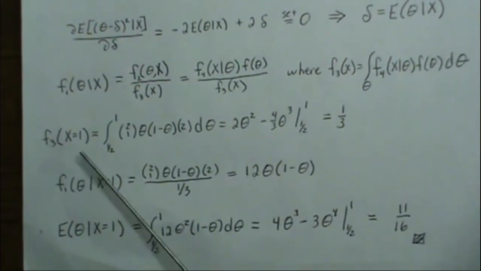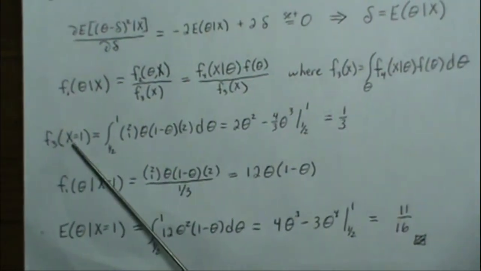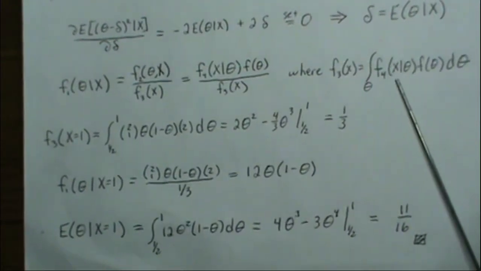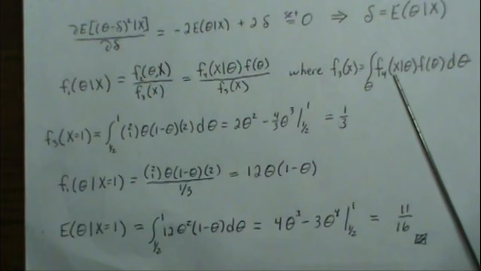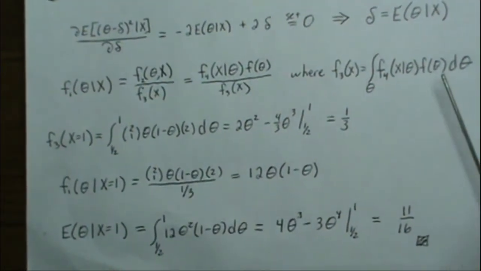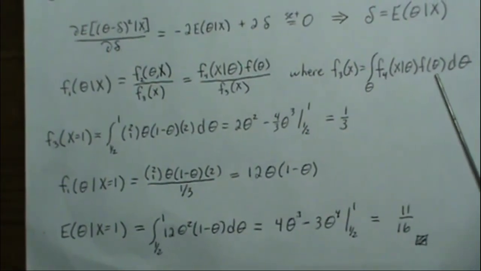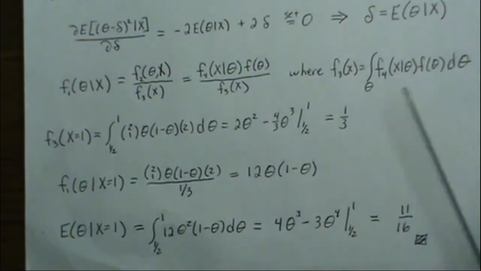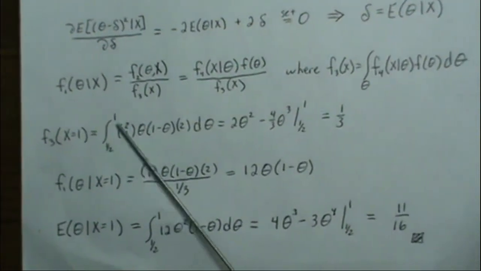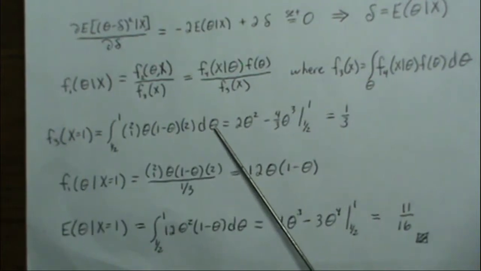We're also given that x equals 1, which simplifies the problem. So f3 of x equals 1, and here we're given that this is a binomial of n equal 2 and the probability parameter is theta. The constant k is easy to figure out: you have to find the value that makes the prior integrate to 1, which is 2. So we integrate from 1/2 to 1, which is our domain for theta.